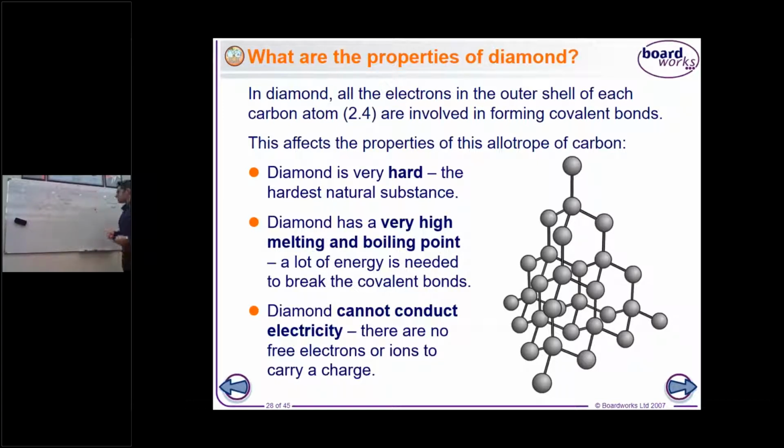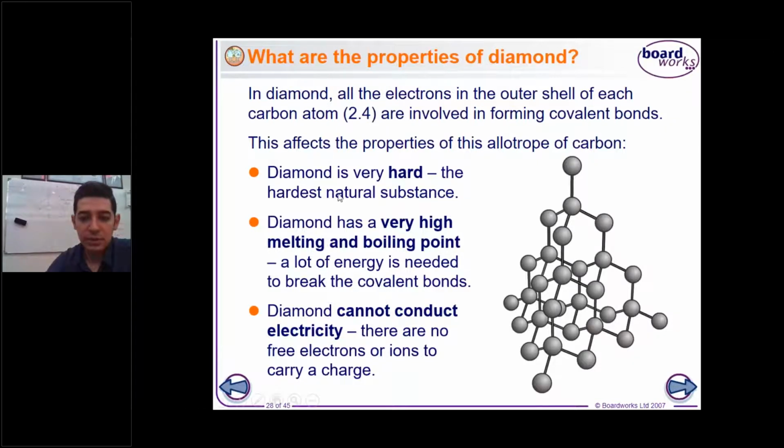No, because in diamond, as we said before, the carbon uses 4 valence electrons to make bonds with other carbons. So it doesn't have any free electrons to conduct electricity. So diamond will not conduct electricity because it doesn't have any delocalized electrons. Please, in the answers, do not include the word ion. It's written here, but do not include it because it is not an ionic compound. It doesn't contain any ions.